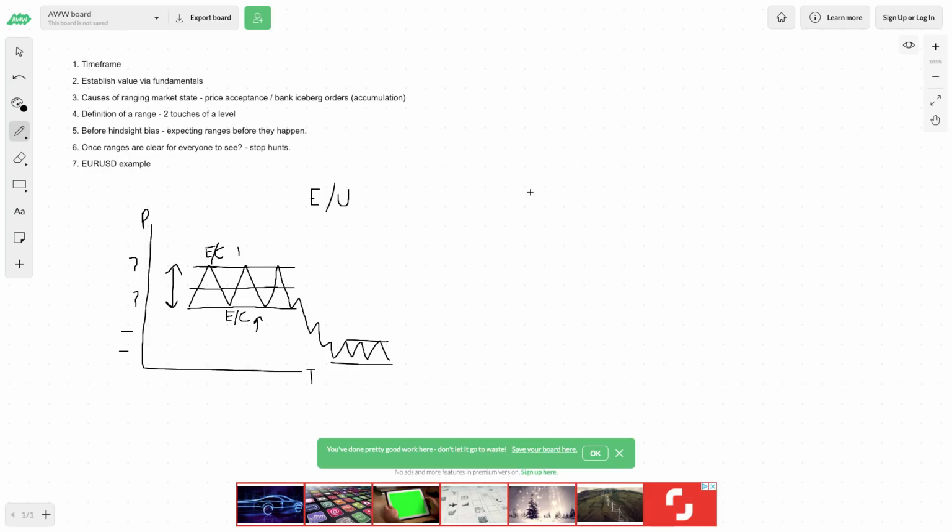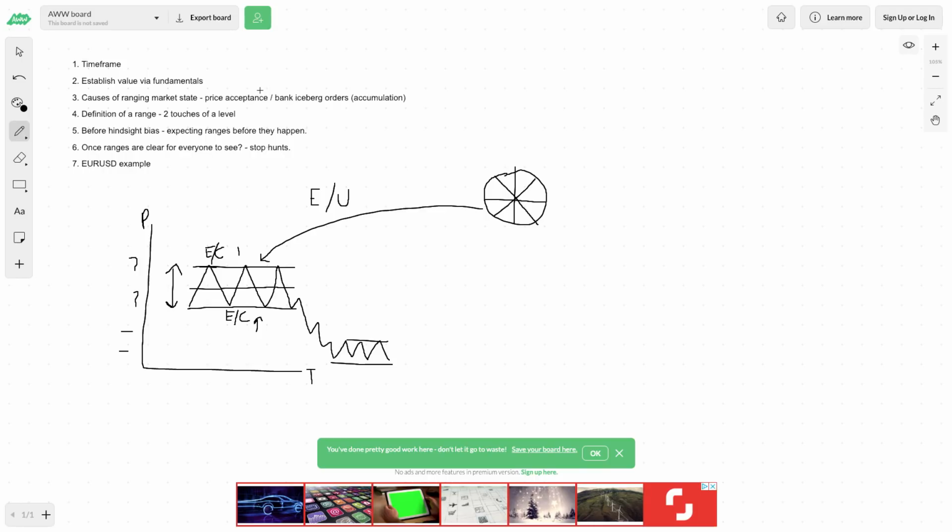And what iceberg orders are is basically banks will have a large order, and due to slippage and liquidity, they have to divide up their massive order into pieces and then add into a ranging market to disguise their true intentions of what they want to buy or what they want to sell, right? But that goes beyond what we're talking about here.